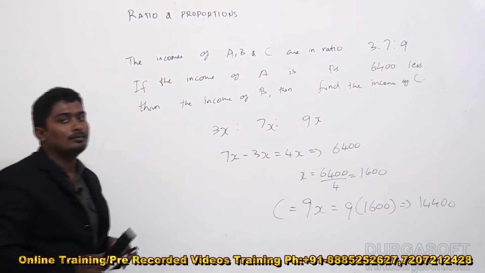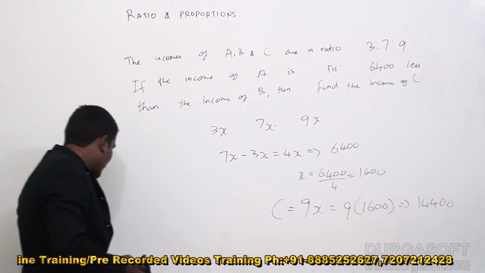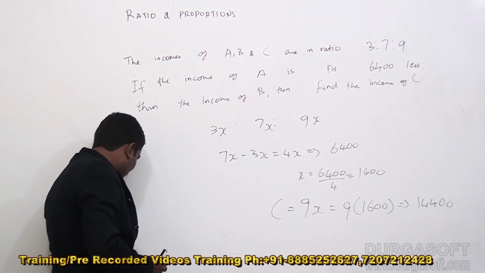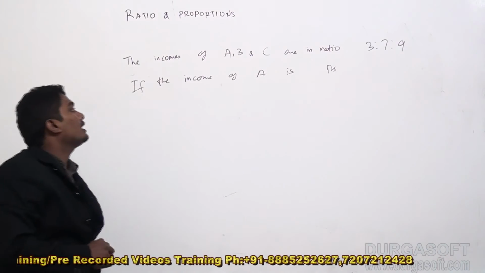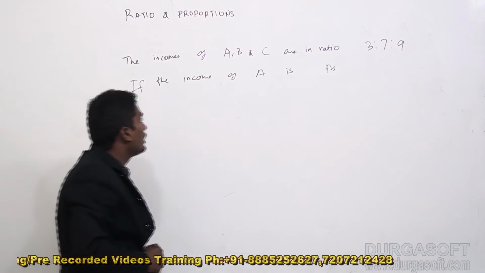Now we'll go to the next question, that is again based on the income. The incomes of A, B and C are in ratio 3:7:9.